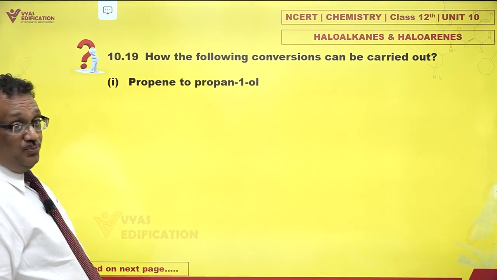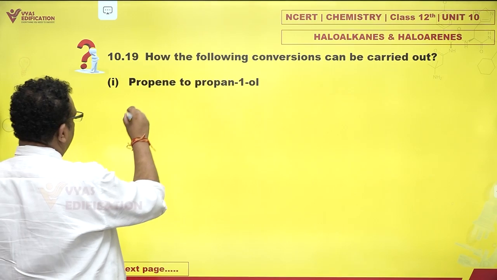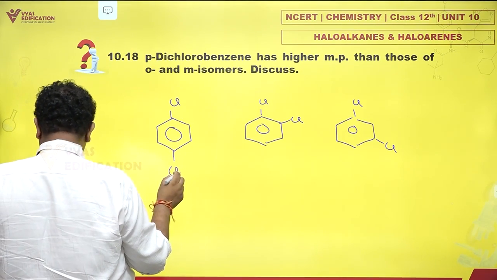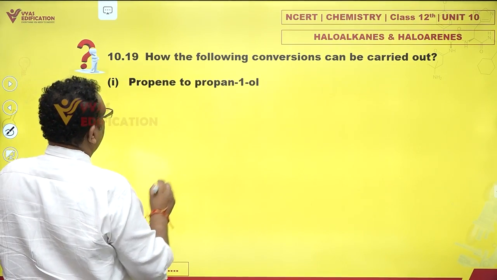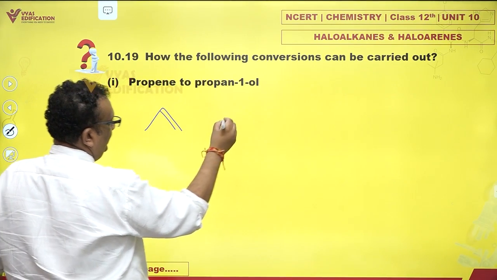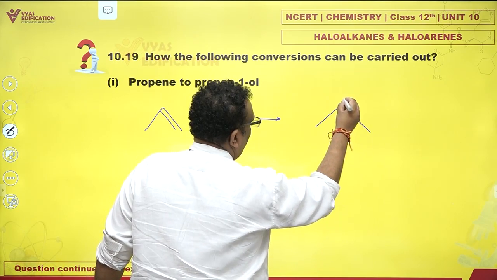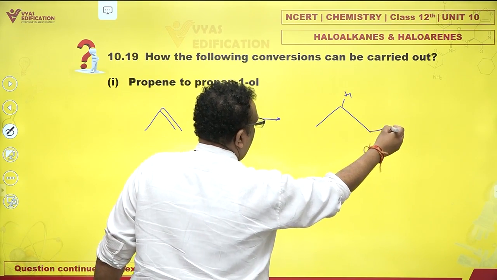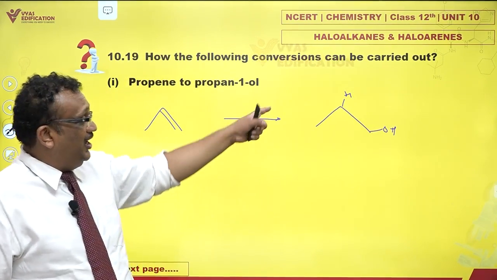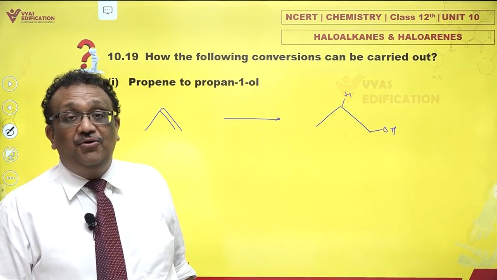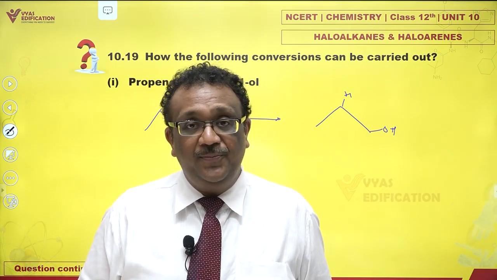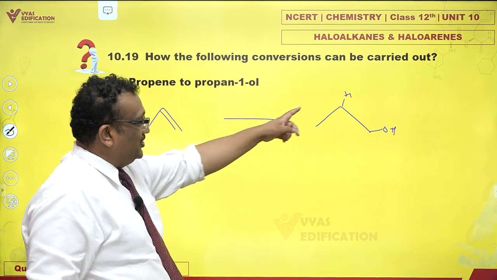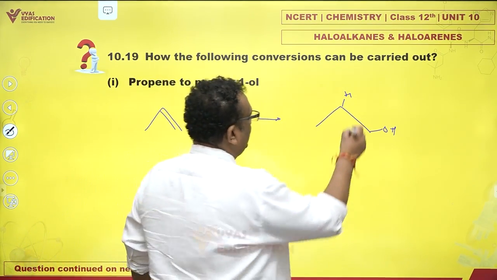Propene, you wish to convert to propan-1-ol. If you just take care and look, what all do you have? Propene, fine. And the moment you want to convert this to propan-1-ol, it means you want to add H and OH. Hydration of alkene means addition of HOH or water. And this, my dears, is anti-Markovnikov addition.